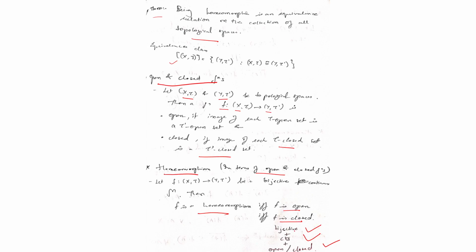So basically we can say that a bijective continuous function is a homeomorphism if and only if it is open or closed. Fine. So is it clear till now? Shall we move to the next topic?